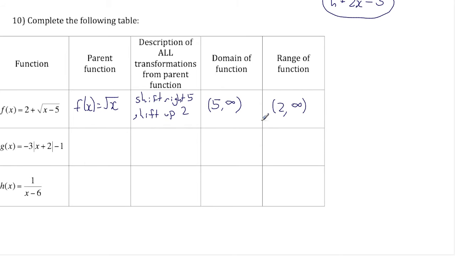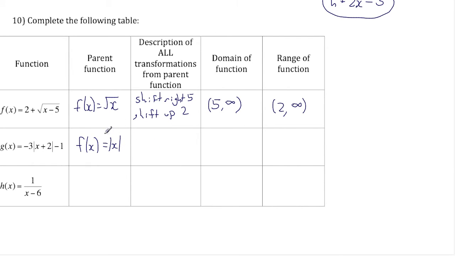Okay, the next one. What's the parent function here? Well, that's an absolute value sign there, so the parent function is going to be f of x equals absolute value of x.